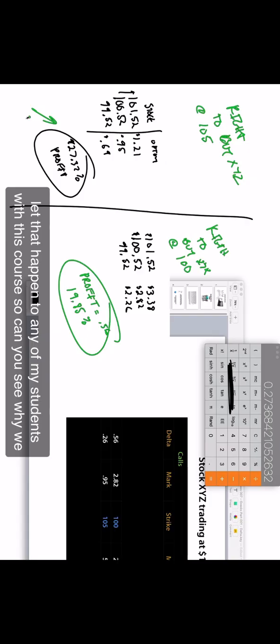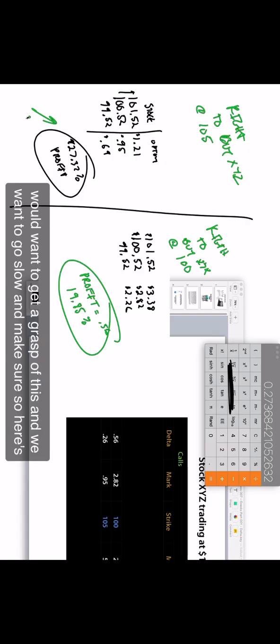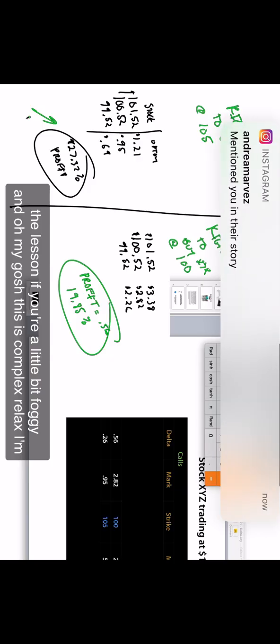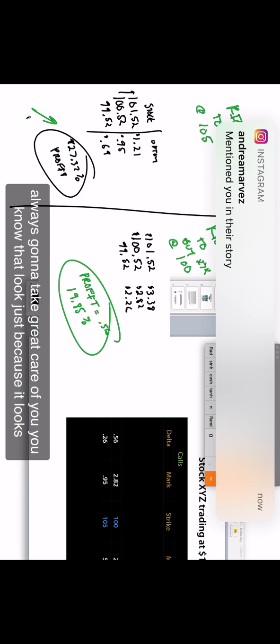So can you see why we would want to get a grasp of this? And we want to go slow and make sure. So here's the lesson. If you're a little bit foggy and, oh my gosh, this is complex, relax. I'm always going to take great care of you. You know that.